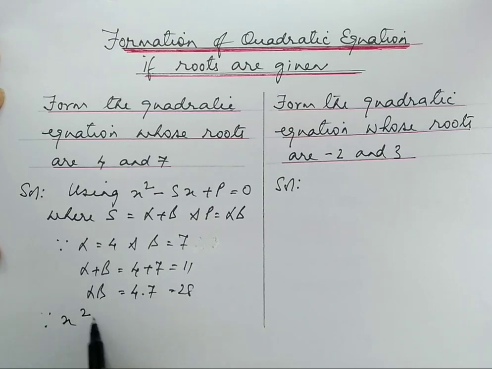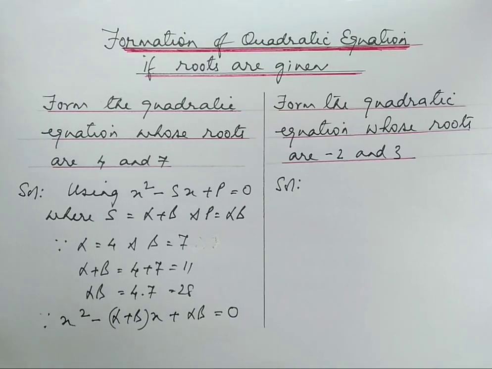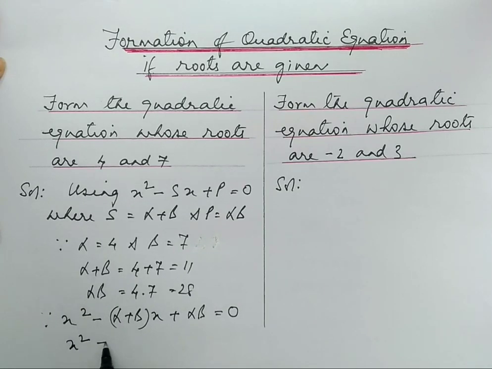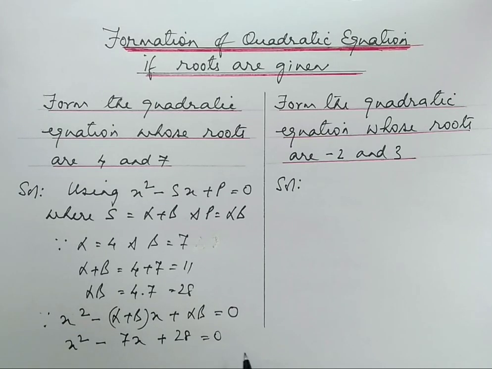Since the quadratic equation is x square minus (alpha plus beta) x plus alpha beta equals 0, putting in the values, we get for alpha plus beta 11x, and for alpha beta we have 28, equals 0. Well, this is the answer, and this is not at all difficult.